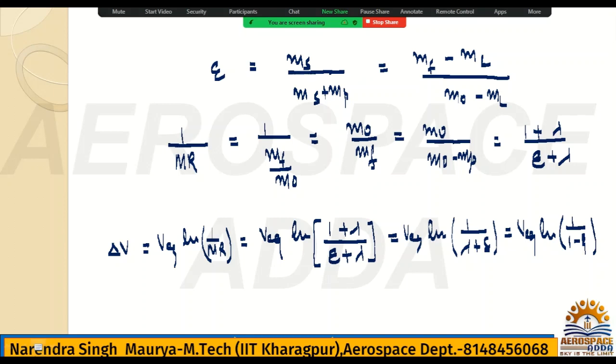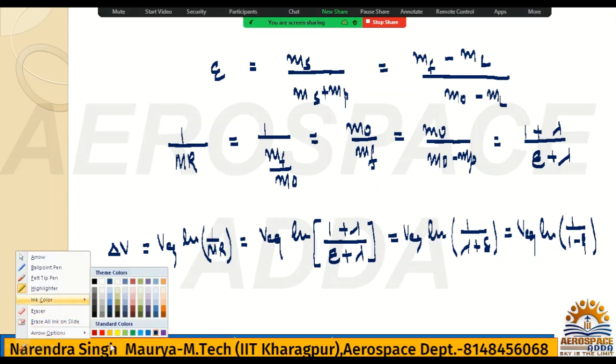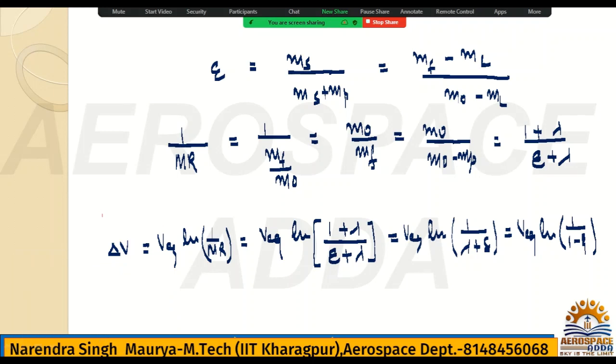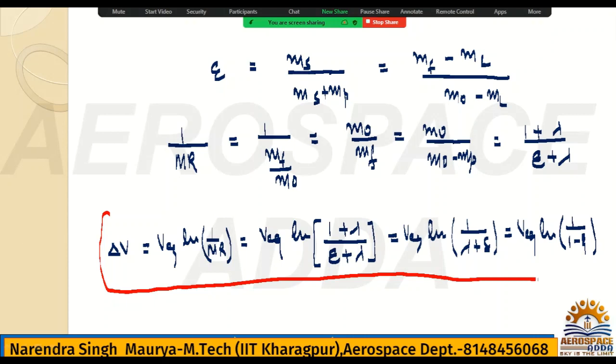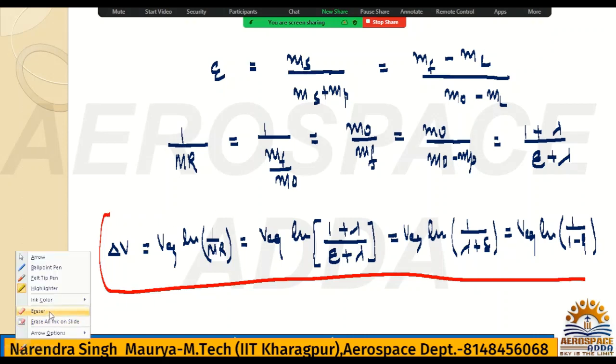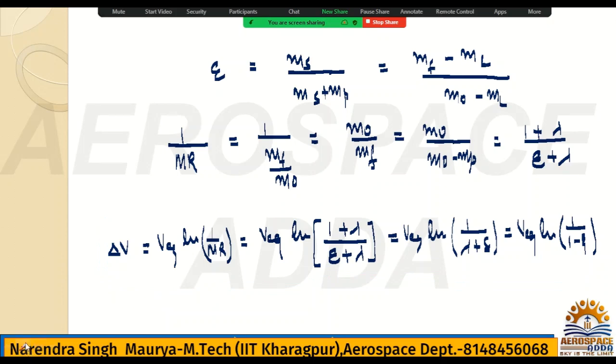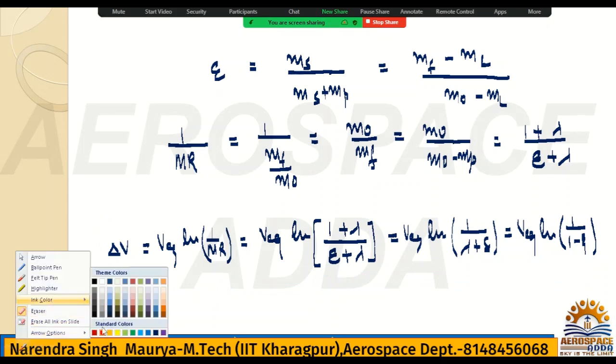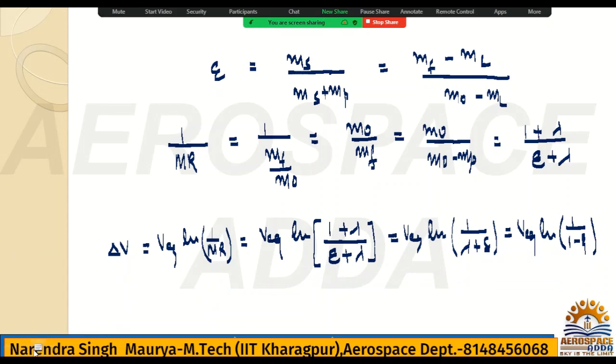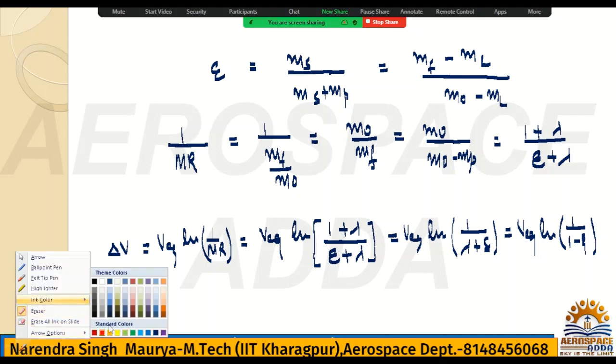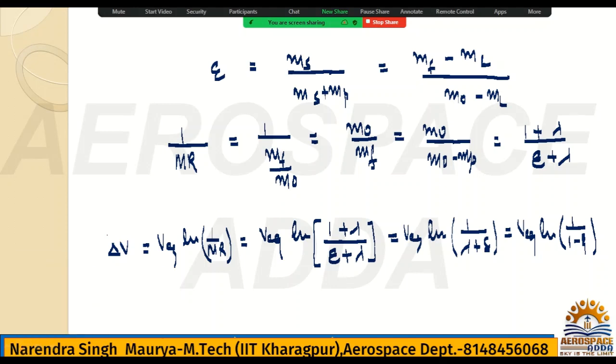Okay guys, this is the final. I do not have a single formula for this. This is the final of what I have related to the rocket system. All the formulas I have given to you. Now it's your choice how to use them and where to use them.